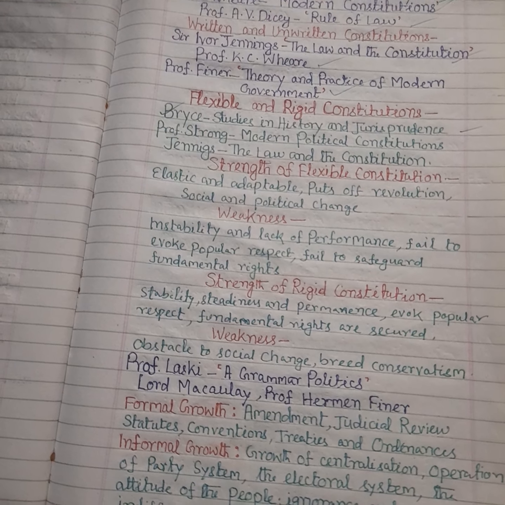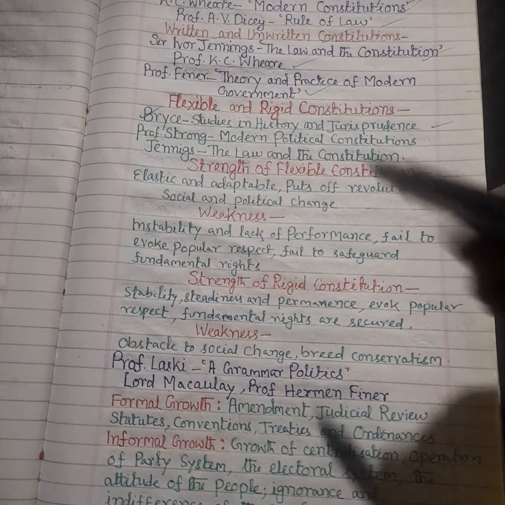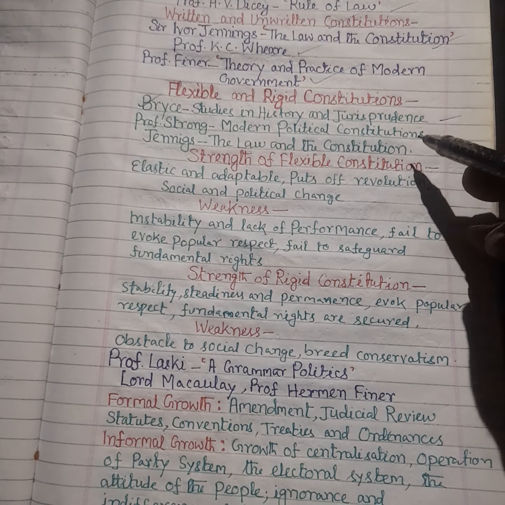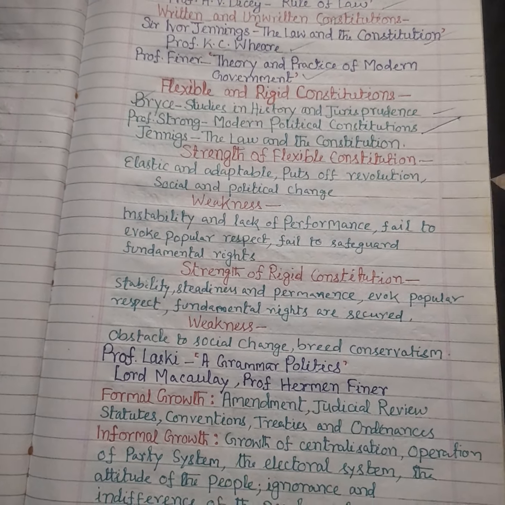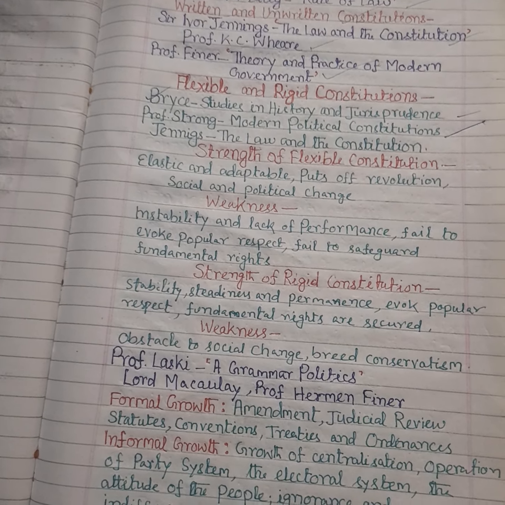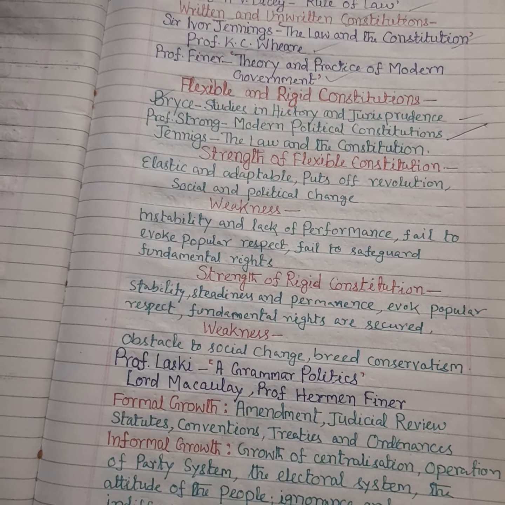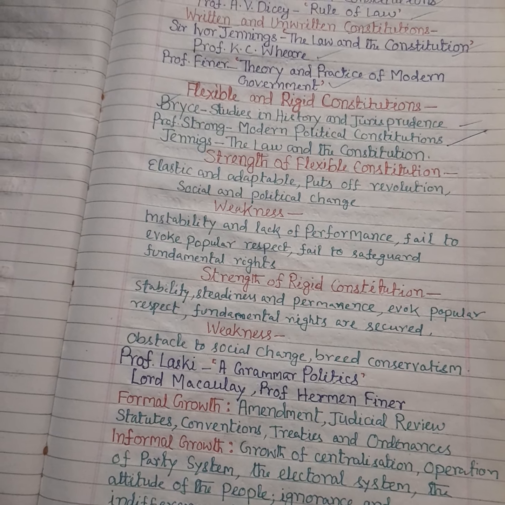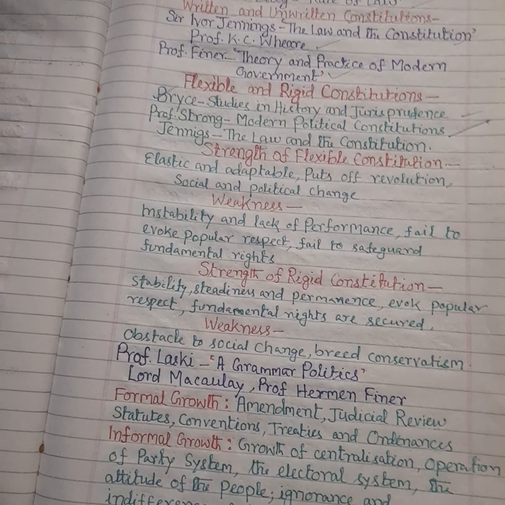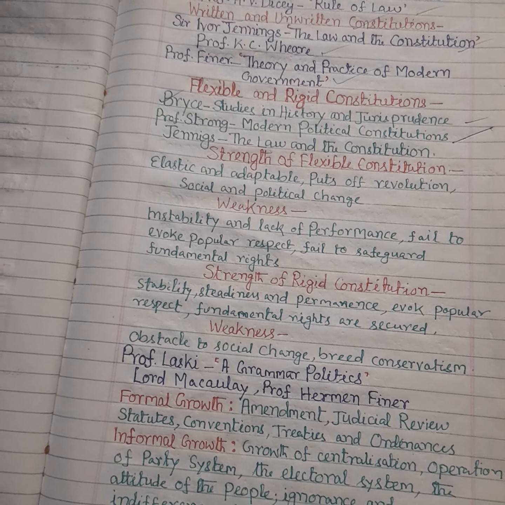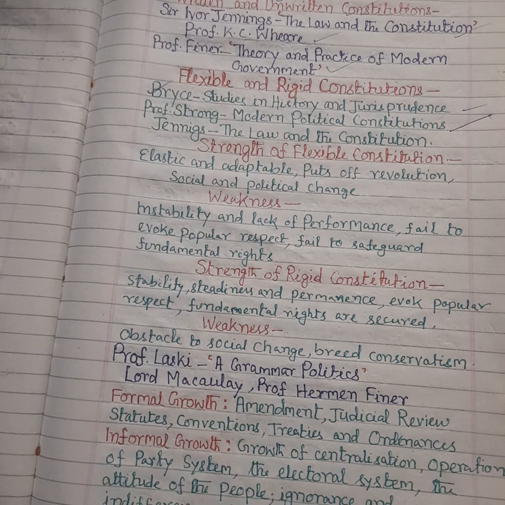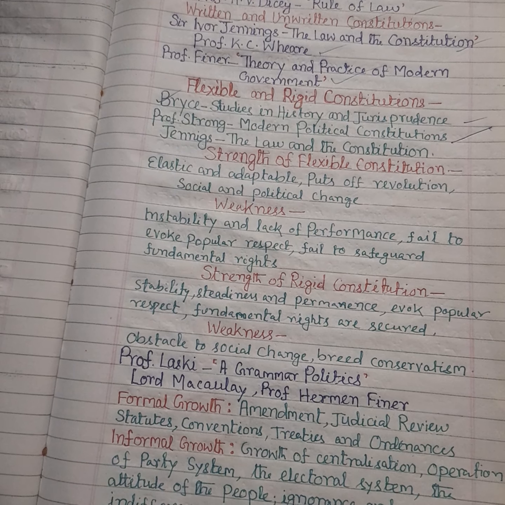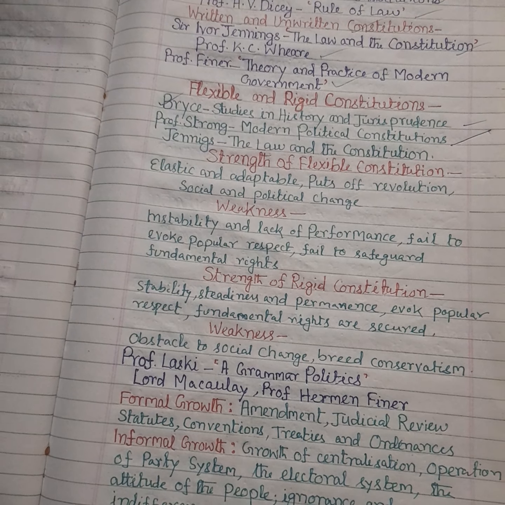So also Professor Strong, in his Modern Political Constitutions, expresses that the question is whether the process of constitutional lawmaking is or is not identical with the process of ordinary lawmaking.